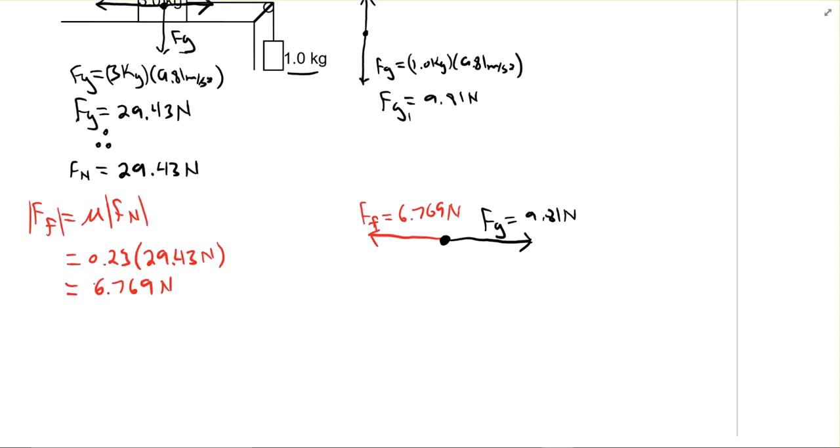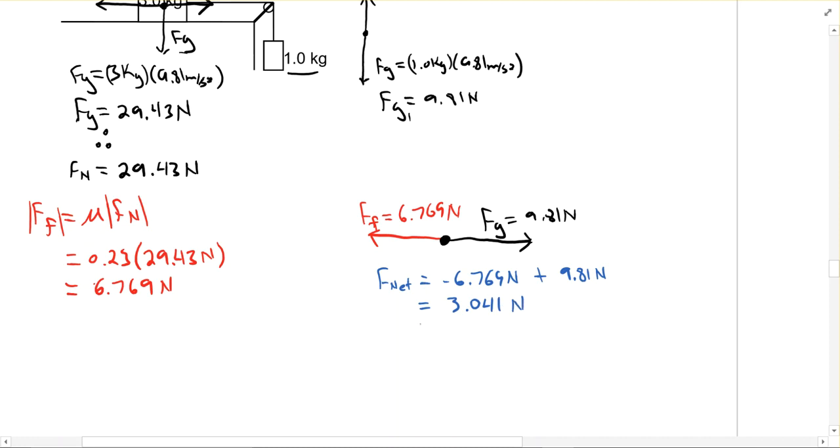So we just need the net force between those two. So the net force is just going to be negative 6.769 newtons plus 9.81 newtons. And we get 3.041 newtons.